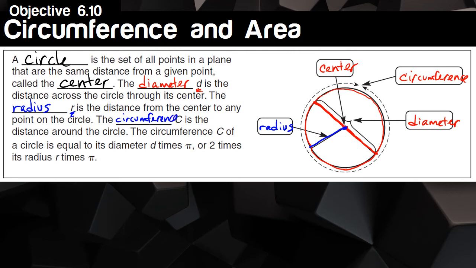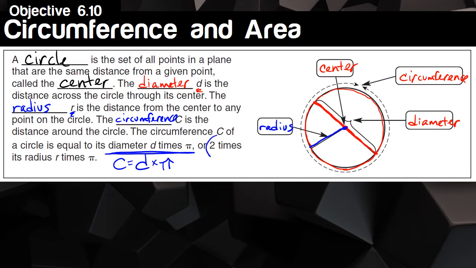Circumference is the distance around the circle. The circumference of a circle is equal to its diameter times pi. So our equation when we're trying to figure out circumference is the diameter, the line all the way across, times pi, which is 3.14.